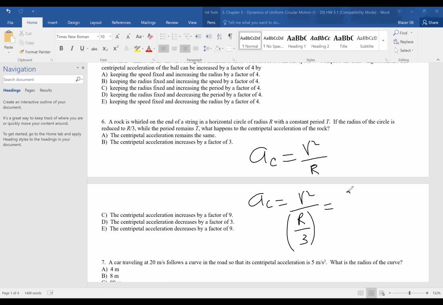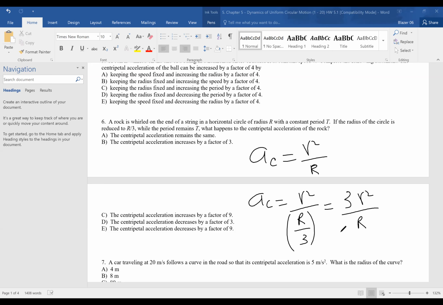So we have 3V squared over R. So that means then if I compare this to this, that my acceleration has increased threefold, 3 times the original number. And remember, we said early on, back in our notes, what happens to the acceleration when the radius is reduced. So we know that it has to increase.